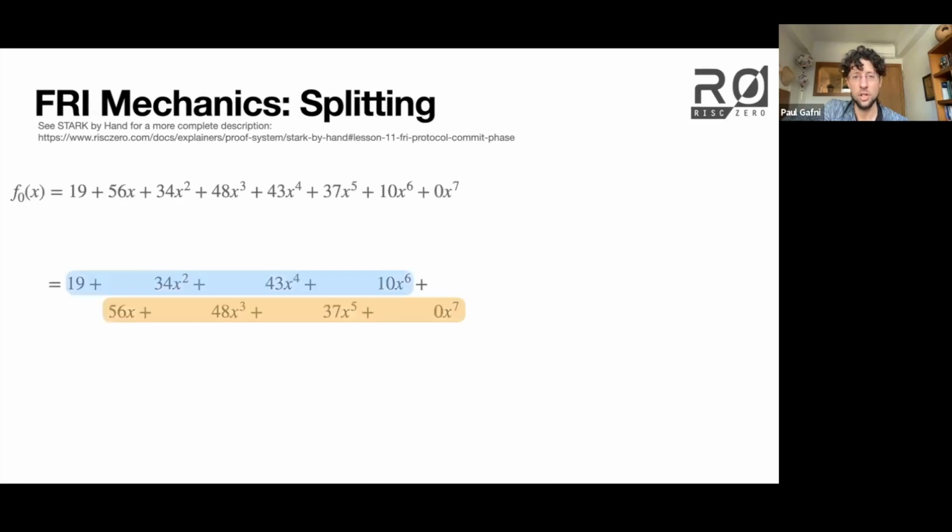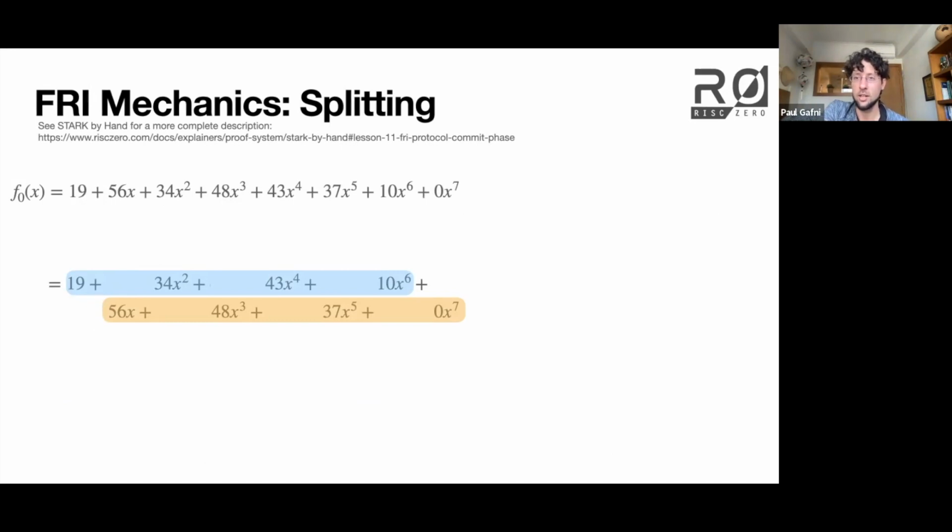So for these functions here, the blue one, if you plug in 3 and -3, you'll get the same value. And the orange one, if you plug in 3 and -3, you'll get the negative of each other.